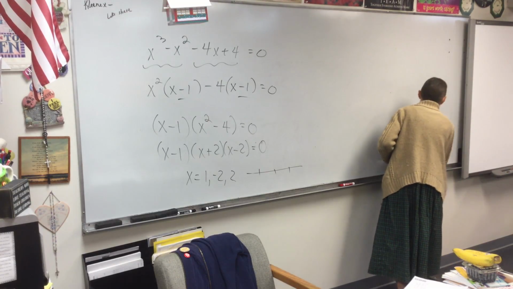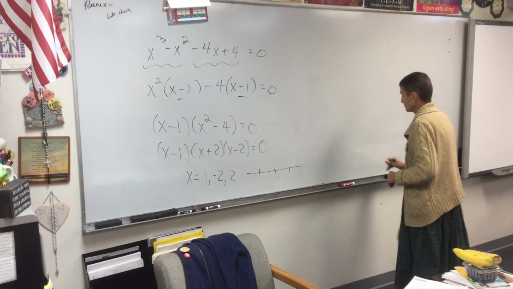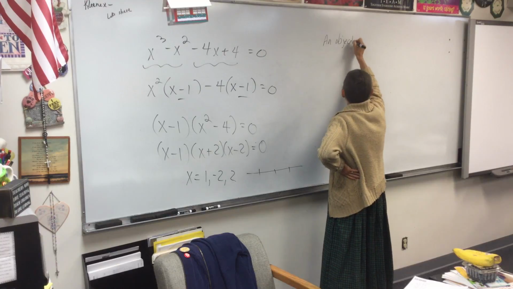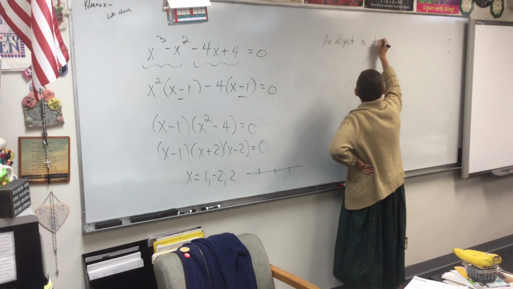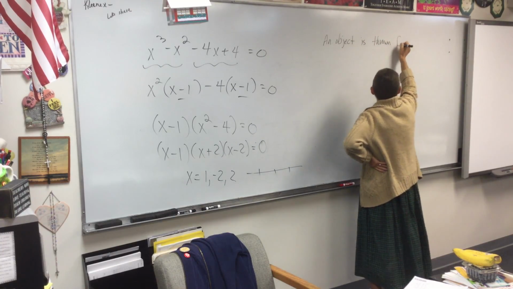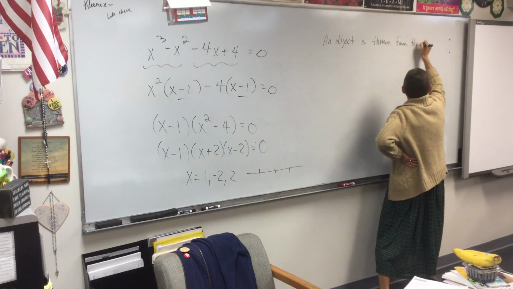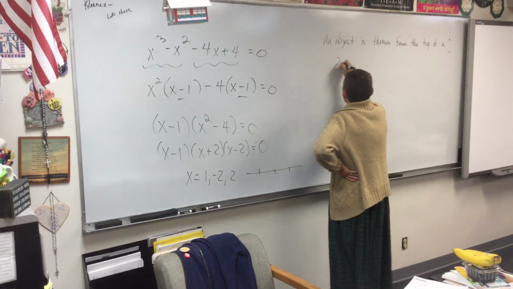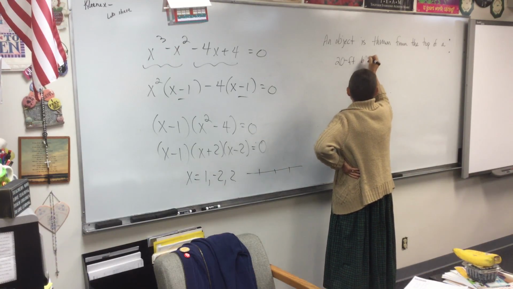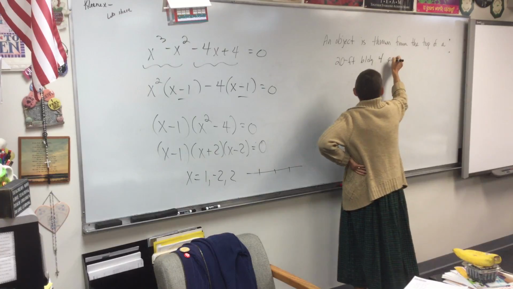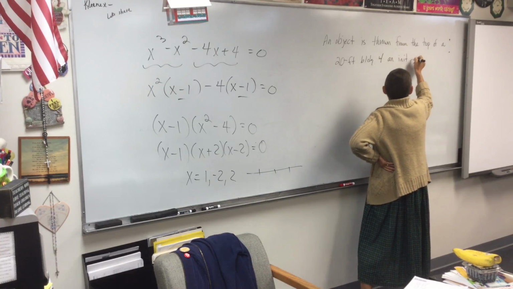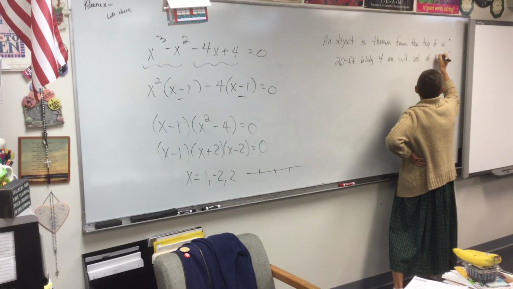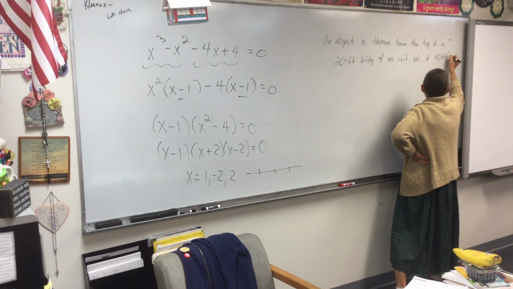How about this? An object is thrown from the top of a 20-foot building with an initial velocity of 40 feet per second.